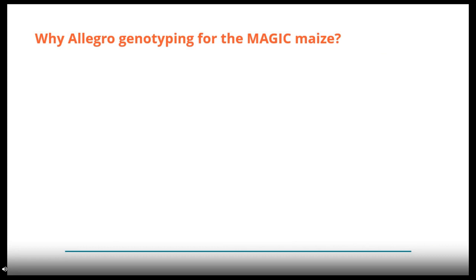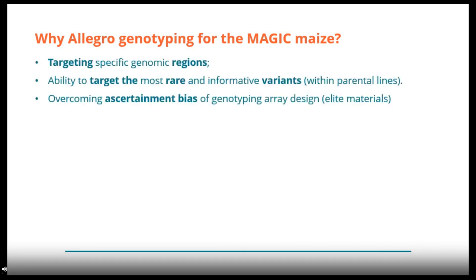So why Allegro genotyping for the MAGIC maize? Within the framework of this project, we had the chance to produce new genotyping data on this population, and we chose Allegro technology because it's very important to target specific regions, because you can capture the most rare and informative variants.